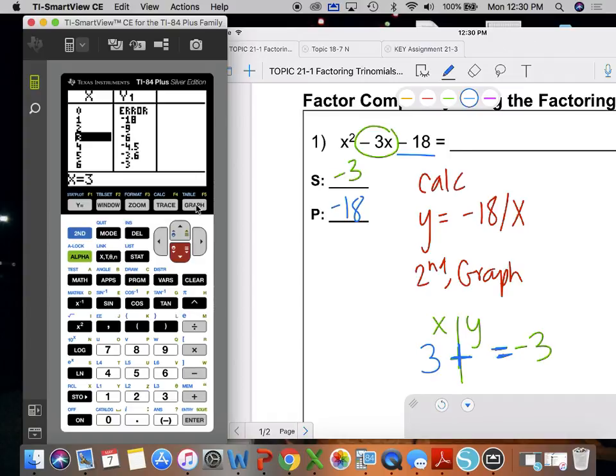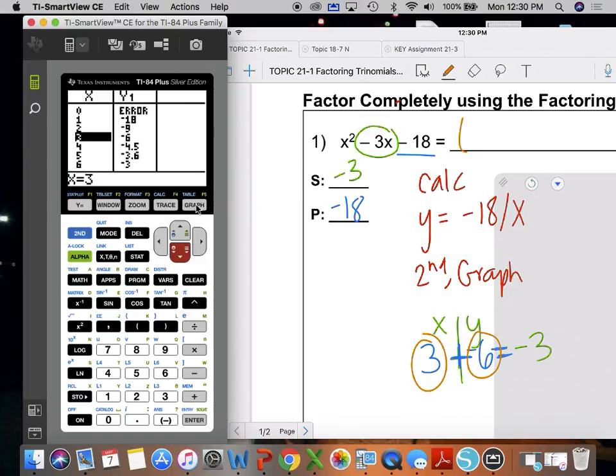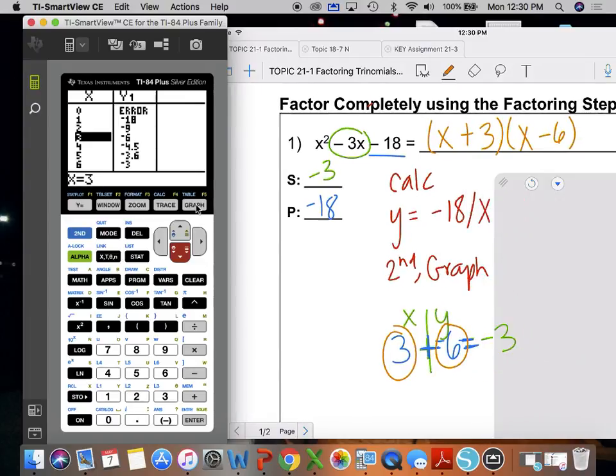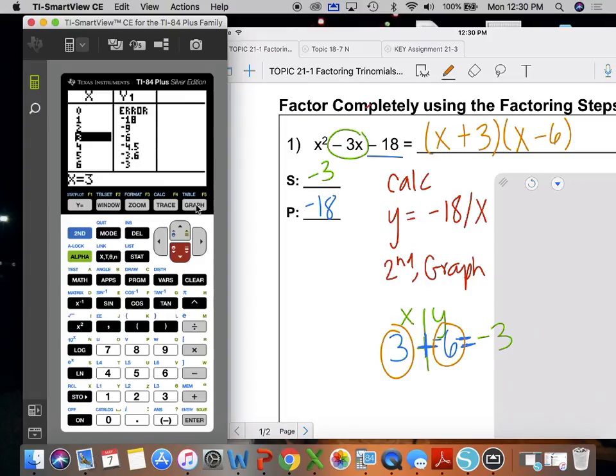So 3 and -6 gives me -3. So these numbers are my factors, and I write my answer, x factor, x factor. So x plus 3, x minus 6. So these numbers go directly into your parentheses, and you are done.